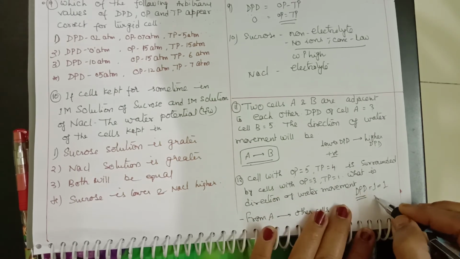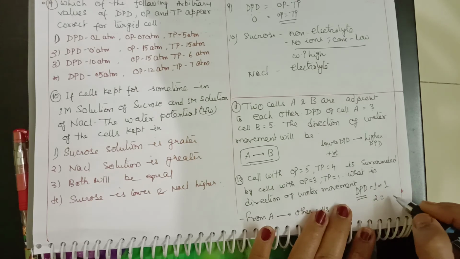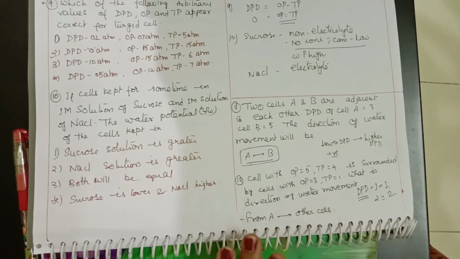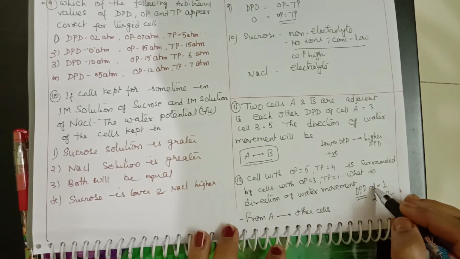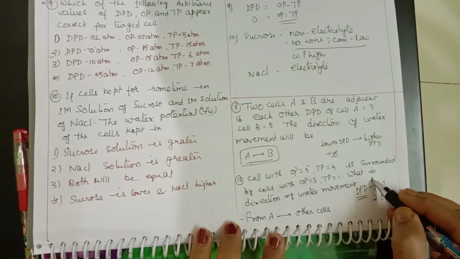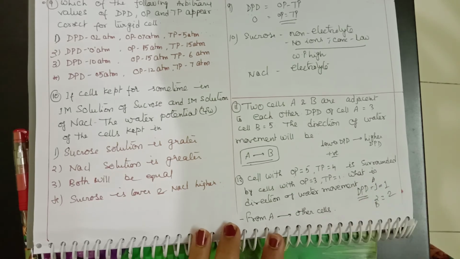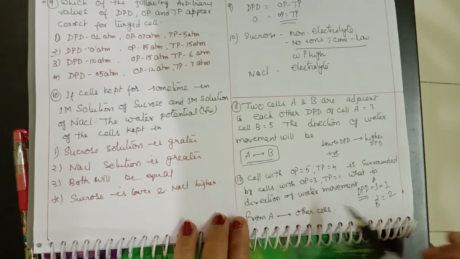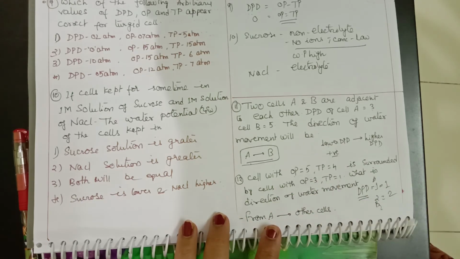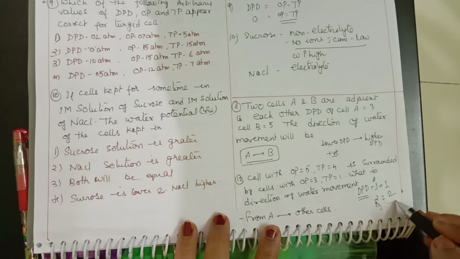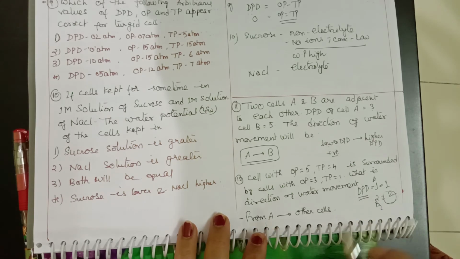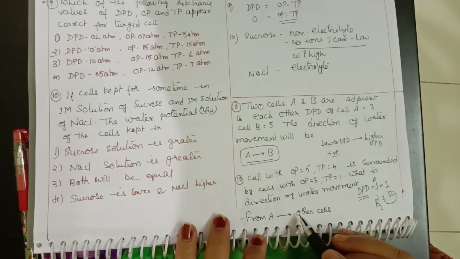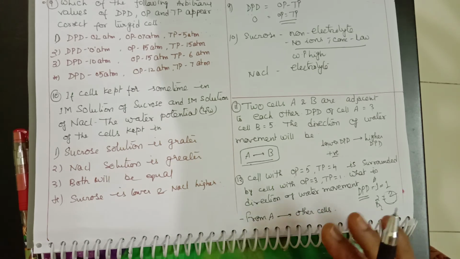DPD of the second cell is 3 minus 1, so 2. So which one has lower DPD? The first cell, cell A. Take this as cell A, and the many other cells, let us say B, have DPD as 2. A has lower DPD, so water will move from A to all other cells.